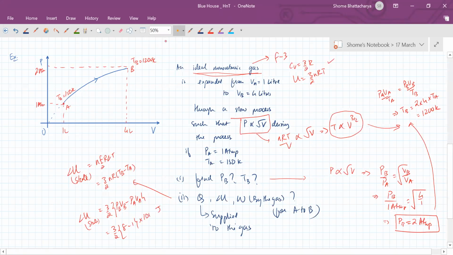Okay, so I'll use this value. 1 liter atmosphere is 101 joules. So internal energy is increasing by this factor.